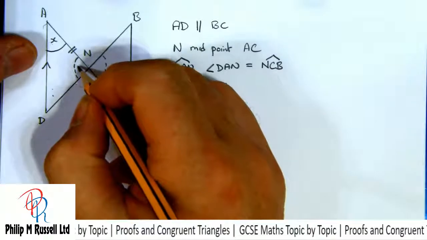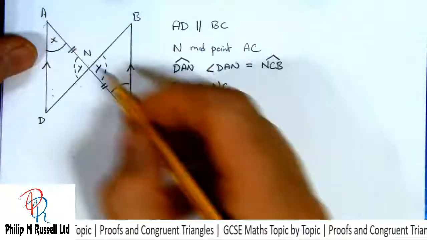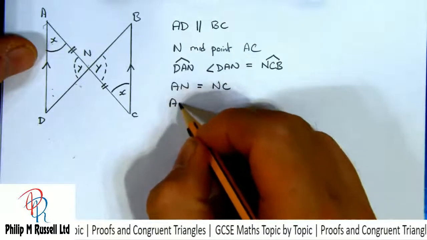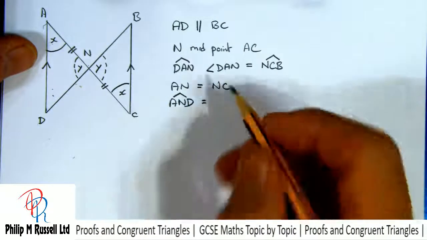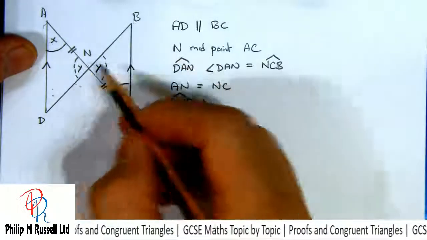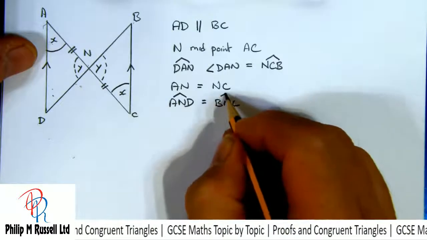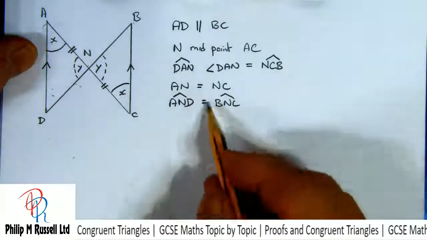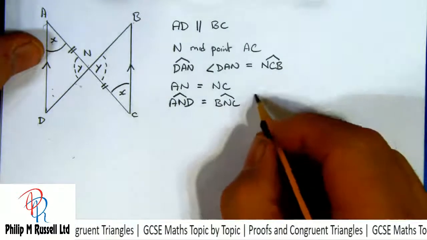I know that angle AND equals angle BNC. And why do I know that? Well, because these are vertically opposite angles.